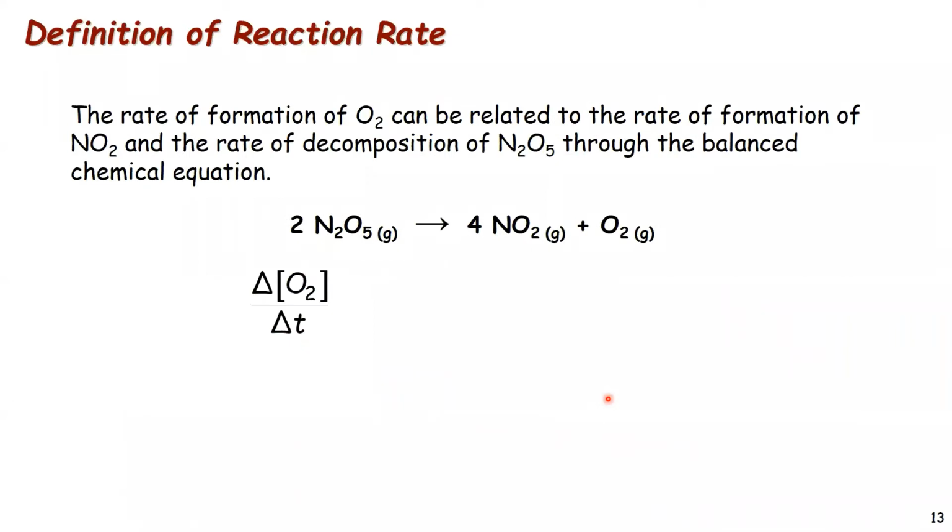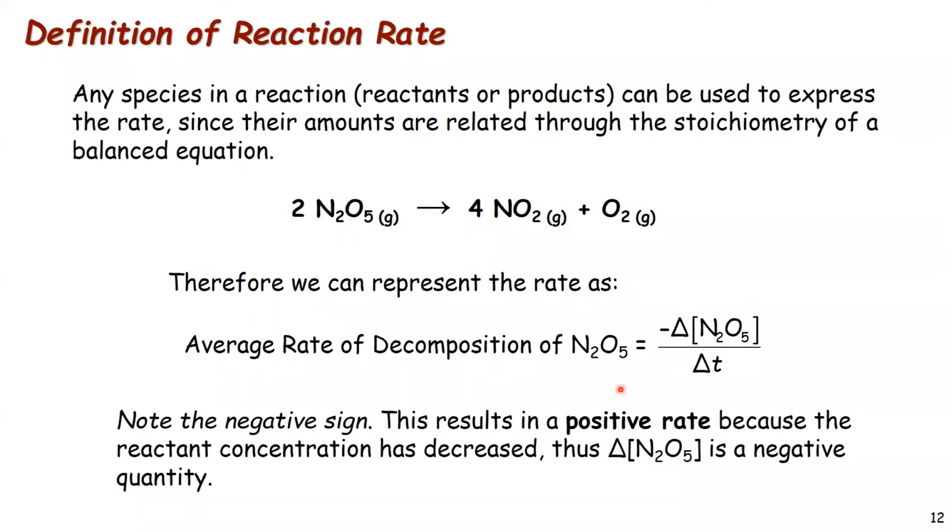Would you be able to determine the rate of decrease based off of the rate of increase of oxygen? Yeah, I'm going to talk about that in a second because, again, we could relate it through the coefficients of a balanced chemical equation. So that's when we're going to start talking about the rate of the reaction. These are rates of reactants and products.